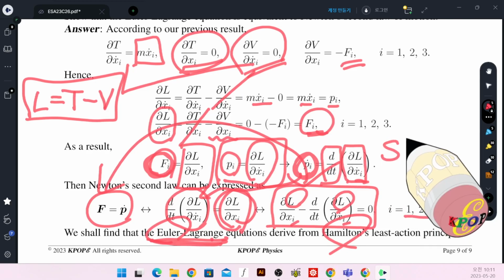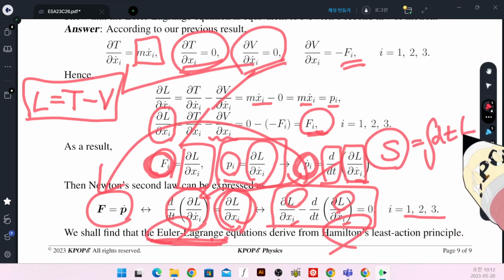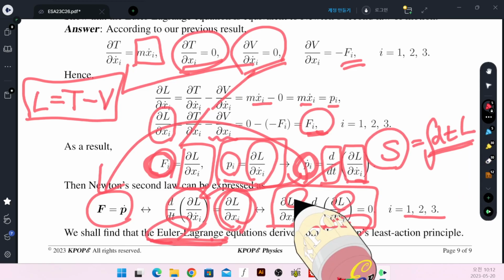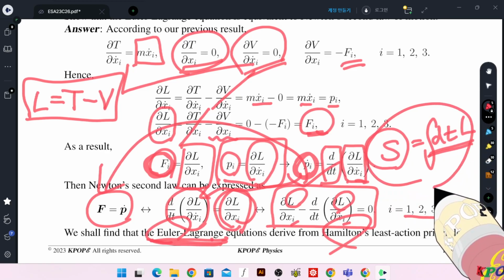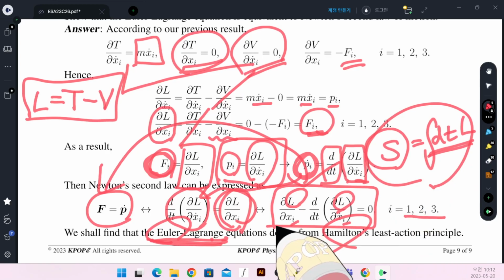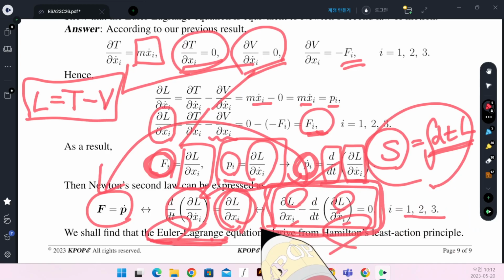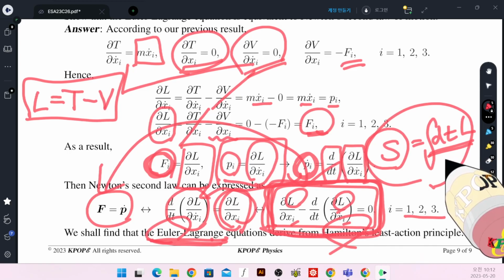That functional is called the action S, and we have a time integral of this Lagrangian. And this one is minimized. To make this action minimized, we need to require this constraint, or equivalently, that this Euler-Lagrange equation is satisfied. Nature selects the path of a mechanical system along the physical path that we observe.